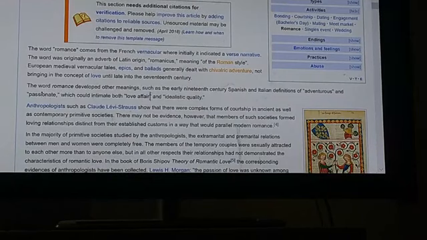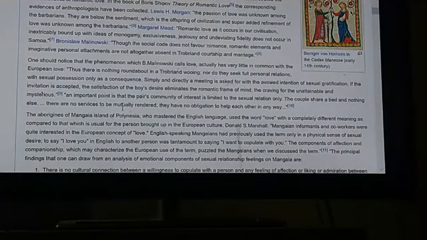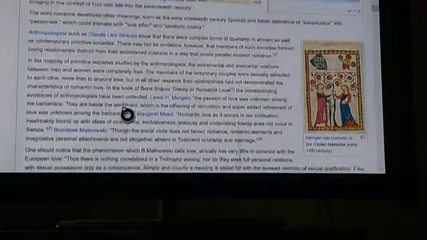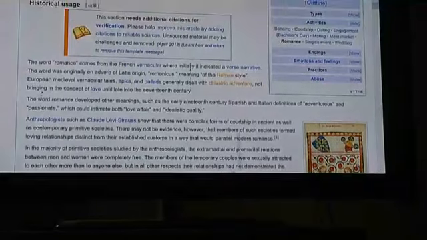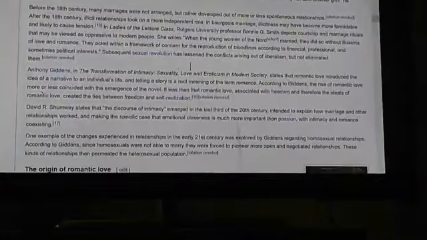The word romance developed other meanings, such as early 19th century Spanish and Italian, of adventurous and passionate, which could imitate both love affair and idealistic quality. Boom, bada bing, guys.